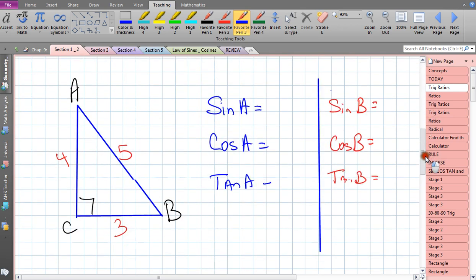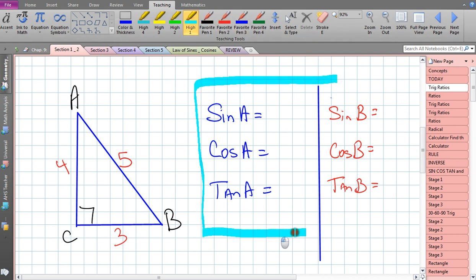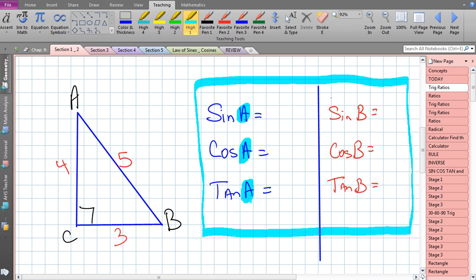Okay, let's give it a shot here with this example. So what we're going to try to do is find these 6 ratios in here. Well, notice these 3 are sine, cosine, and tangent of A. What does that mean? Well, that means take the perspective of A and give us the two numbers associated with sine of A. Well, sine is opposite over hypotenuse, so that's going to be 3 divided by 5.